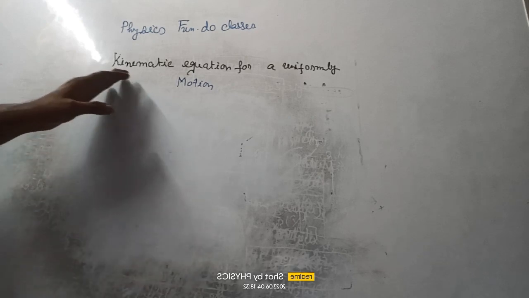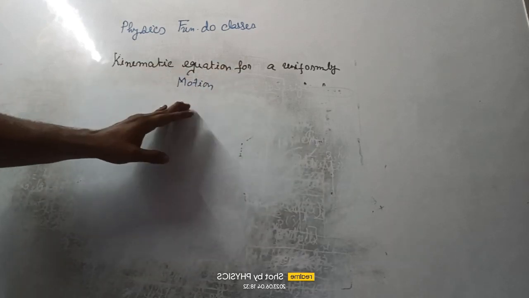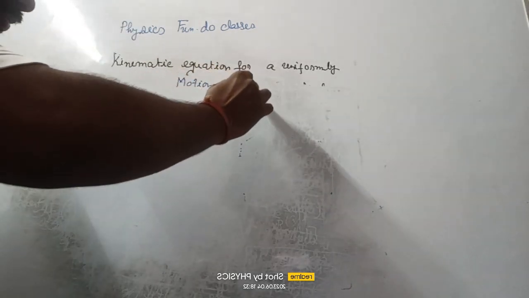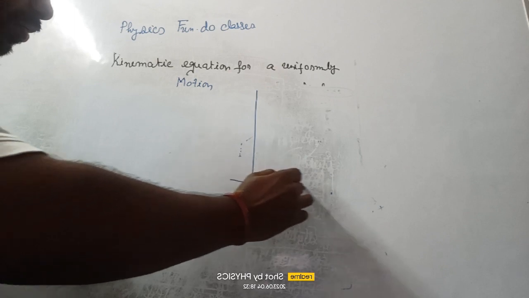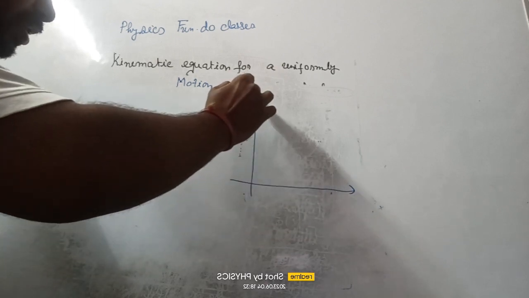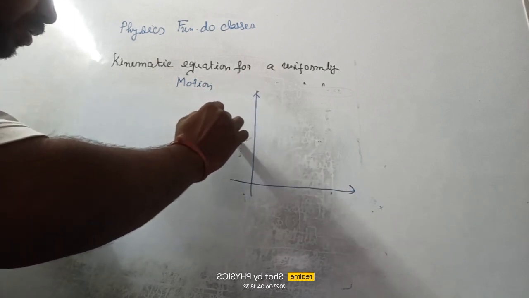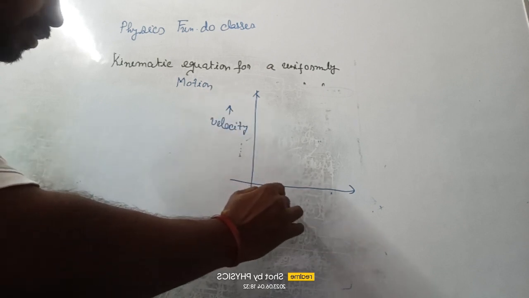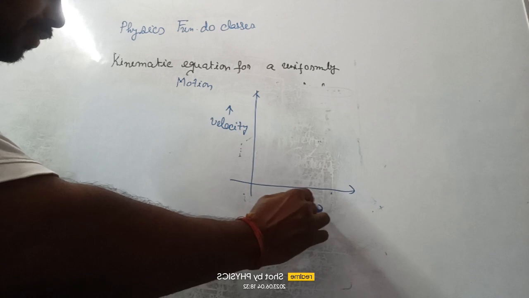Now, for the kinematic equations for a uniform motion, we have to prove them graphically. Let us draw the velocity time graph. This is the velocity time graph.